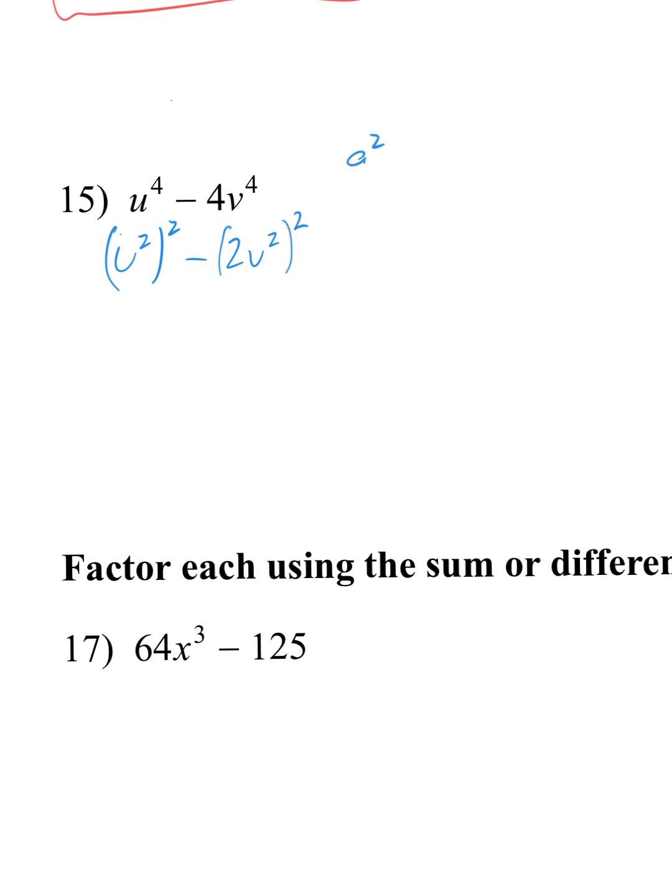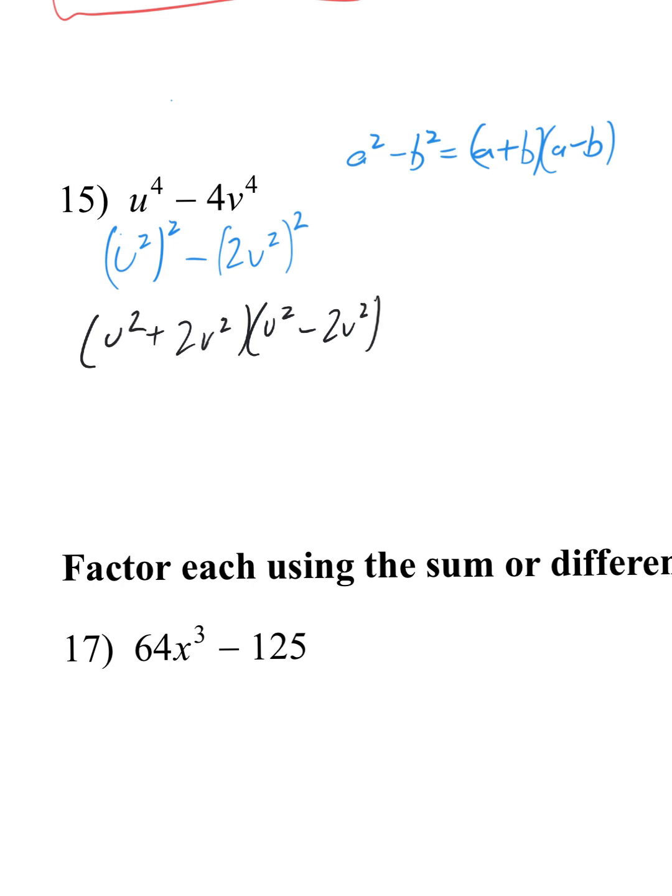Remember, a squared minus b squared is equal to a plus b times a minus b. In this case, we've got u squared in our a spot. So here's u squared plus 2v squared and u squared minus 2v squared.